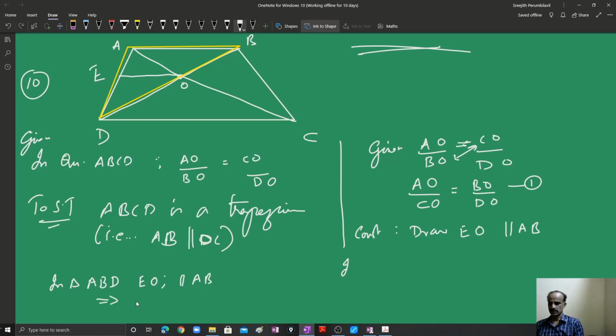What does that imply? It implies AE by ED is equal to BO by OD. Relation number 2.